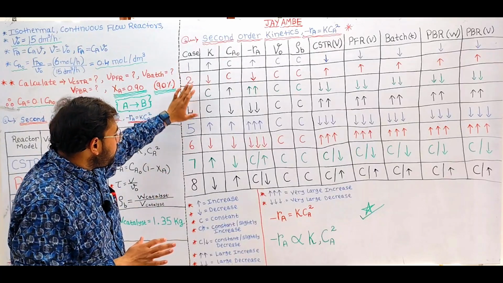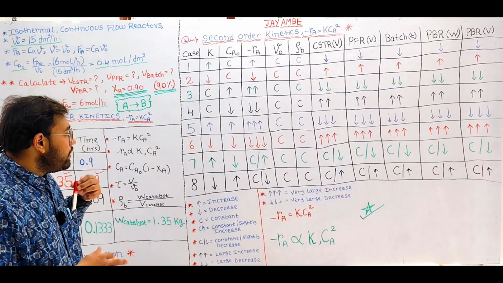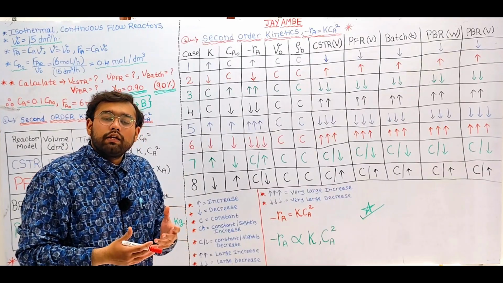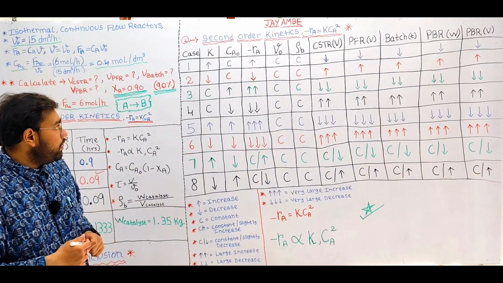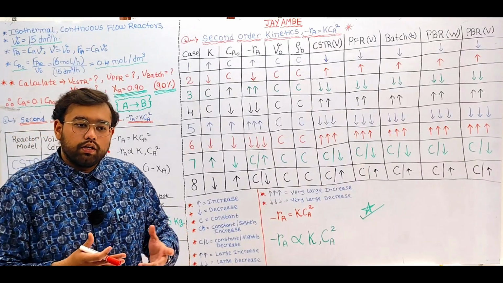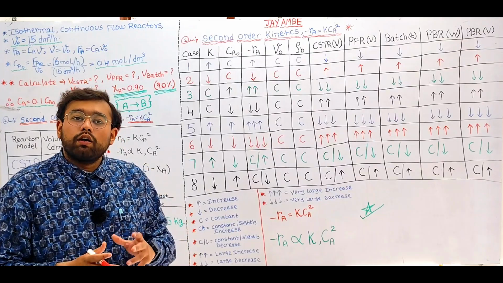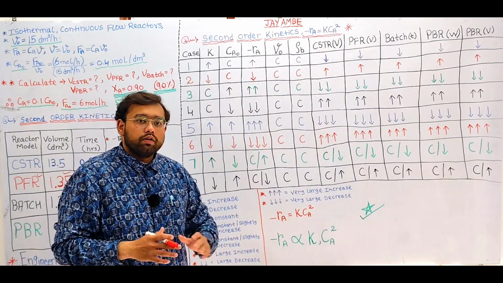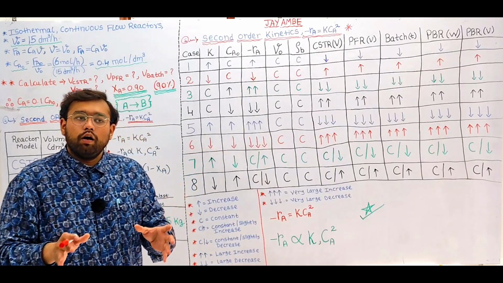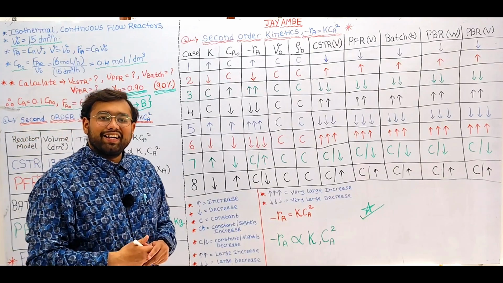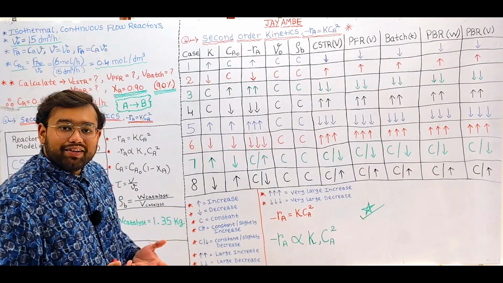Here we have the fundamental cases, where we'll try to understand how the changing rate of the reactions, the rate constants, and the concentration will have an effect on the reactor volumes, the space time, and the weight of the catalyst requirements, right? So let's get started and let's understand. It will be more interesting, right?